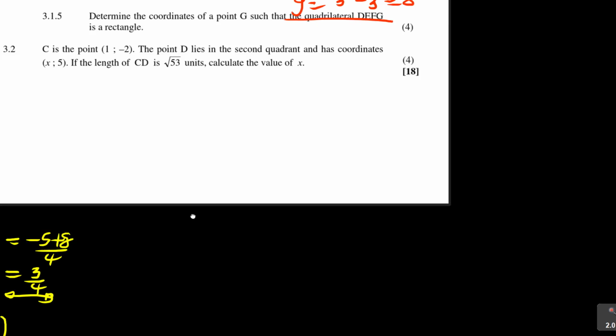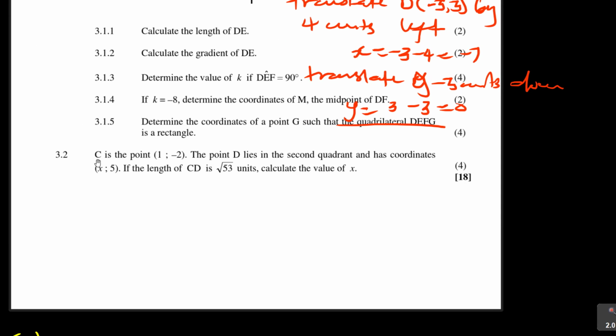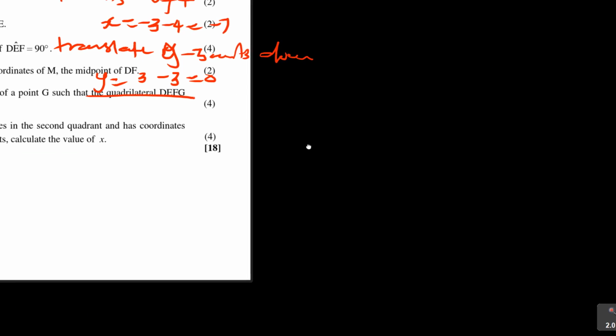Okay, guys. Now let's look at this one. It says C is a point and D lies in the second quadrant and there are coordinates. If the length of CD is that, calculate the value of x. The keyword there is the length of CD. The moment they say length of CD, I'm told the distance formula. To find the length, you still remember the distance formula.